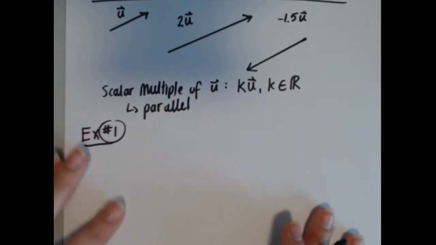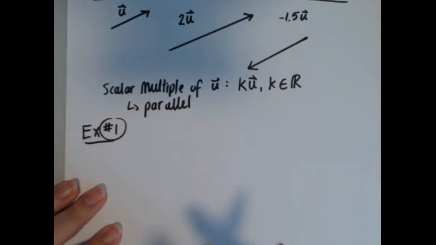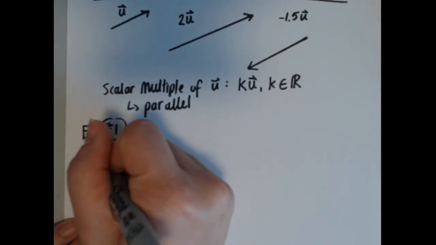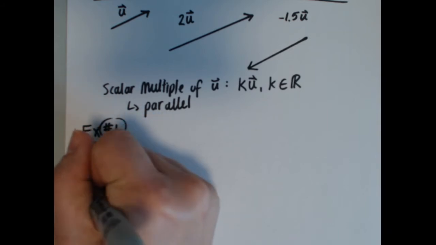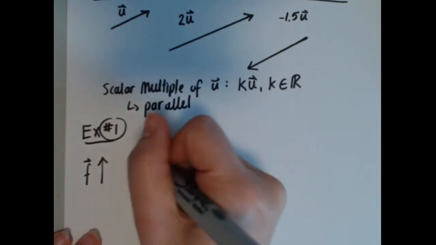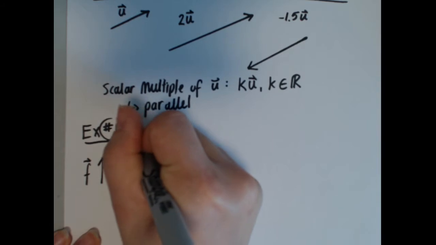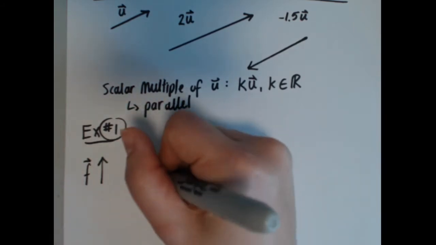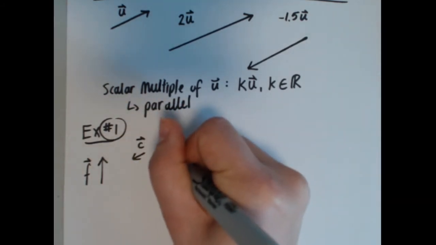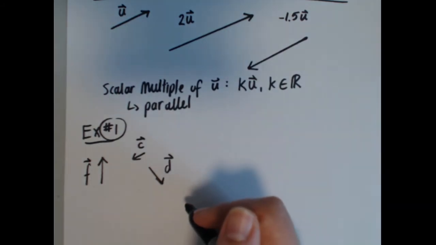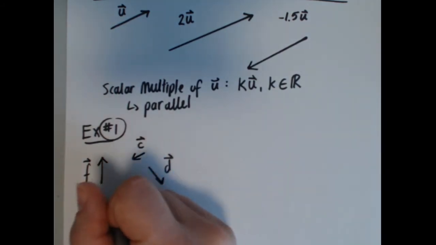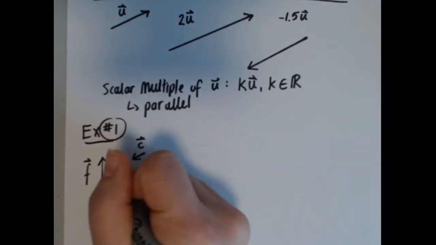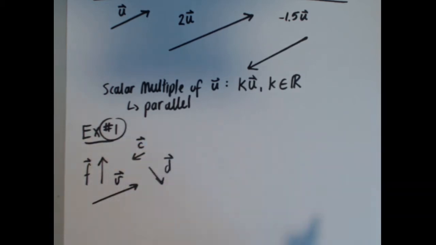Example 1. I'm going to draw some vectors here, and I want you to copy them down as closely as you can. So I've got here vector f, vector c, vector d. If you don't want to copy this down, maybe it's best to just look at it, because you're not going to know exactly how to copy it down.